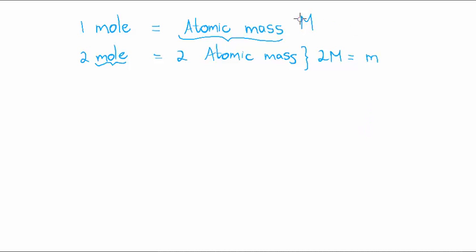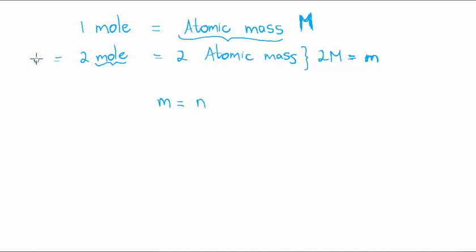Atomic mass is a constant, like for hydrogen it's 1, for helium it's 4, for chlorine it's 35.5. It's a constant, but the mass depends on how much of that I have. If I have 2 moles of that, then it's 2M, but the answer that I get is represented by lowercase m. That's literally my mass. So my mass is equal to the number of moles that I have.